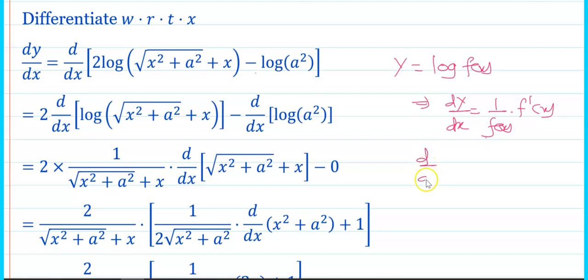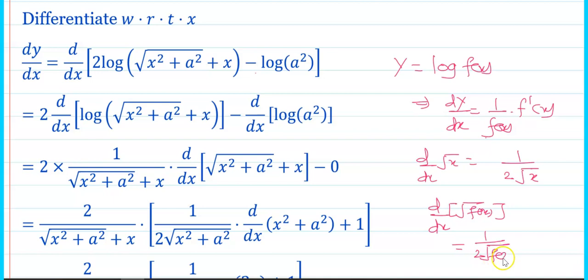We know the derivative of root of x is equal to 1 upon 2 times root of x. And what about the d/dx of root of f of x? Okay, its derivative is 1 upon 2 times root of f of x into f dash of x.